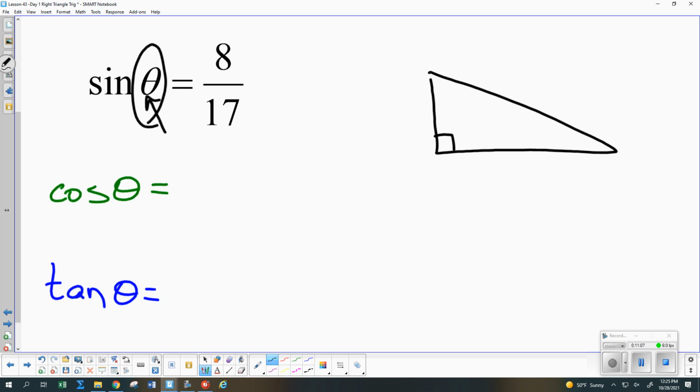So I pick either of the acute angles. I can't pick the 90-degree angle, so I'm going to put a theta here. That means for theta, this side is opposite, this is hypotenuse, this is adjacent. I don't really need to write those words in there, but just since it's brand new to us, I'm doing that to help us make sense of this problem.